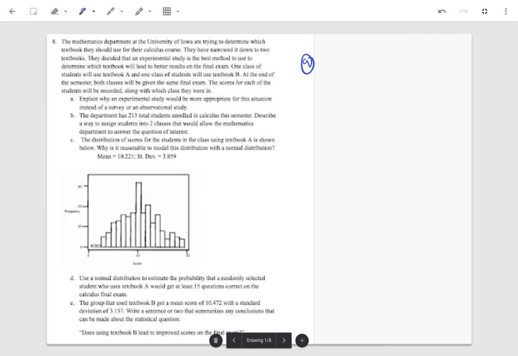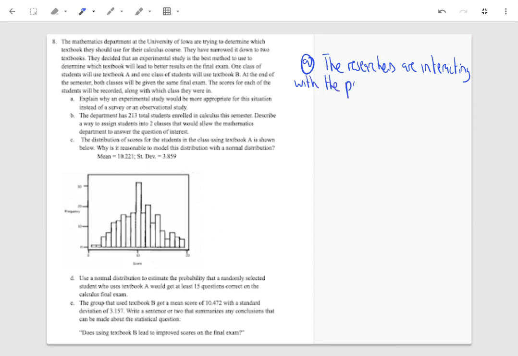Okay, so to put that in words, why is it better to use an experimental study? It's because the researchers are interacting with the participants by giving them one of the 2 textbooks.